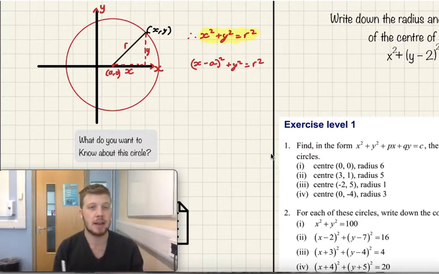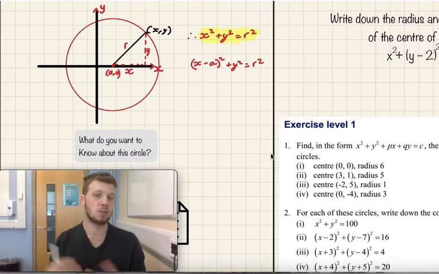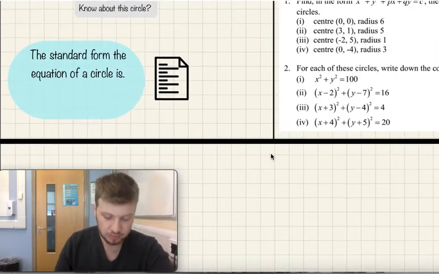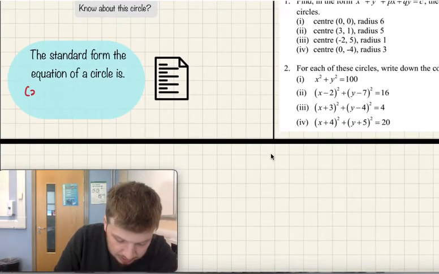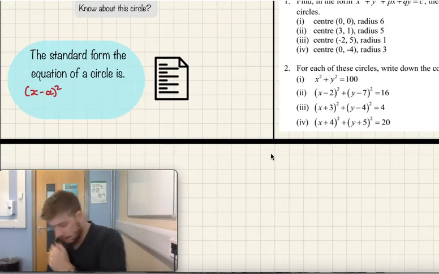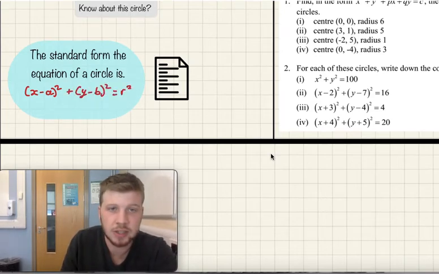Thinking about the same idea moving vertically, I'll be translating the y vertically, so it's going to be y minus, let's call it a different letter, b. We get a standard form for the equation of a circle, which would be (x minus a) squared plus (y minus b) squared is equal to my radius squared.